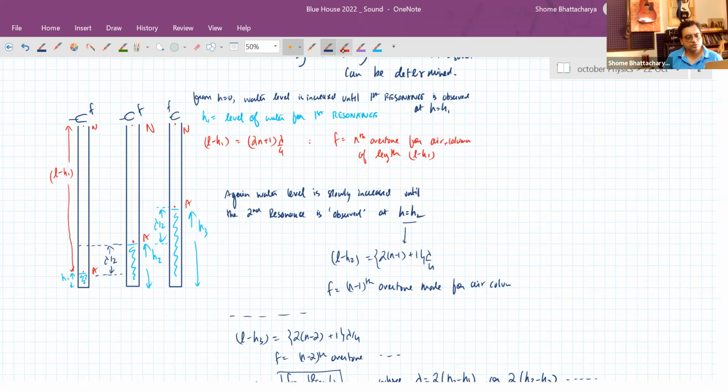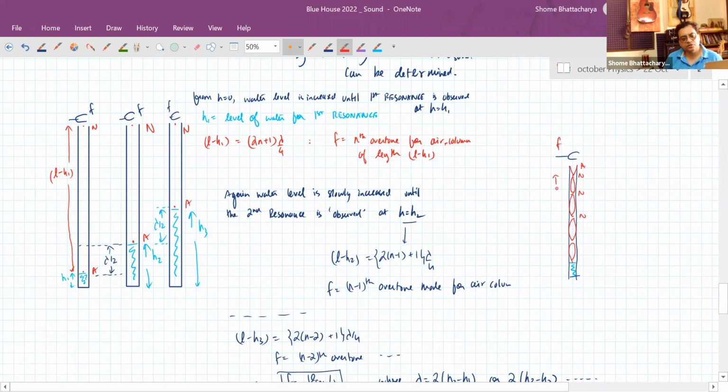In the first resonance, suppose the length of the air column was enough to accommodate, let's say, the third overtone, or let's say the fourth overtone. So this lambda is fixed for this given frequency.